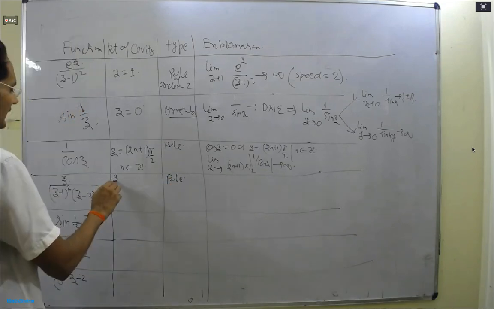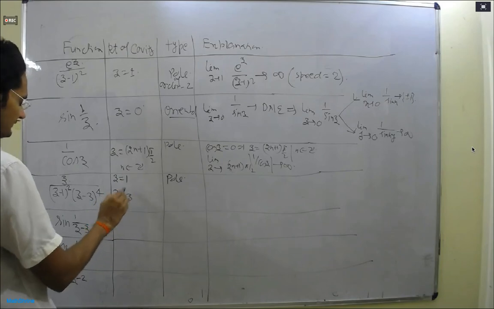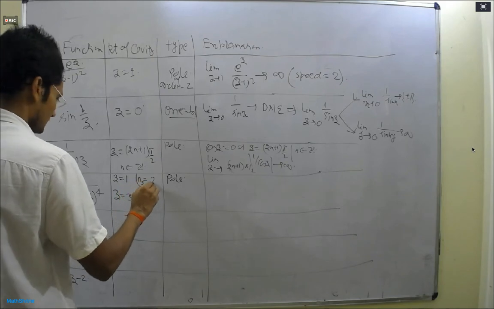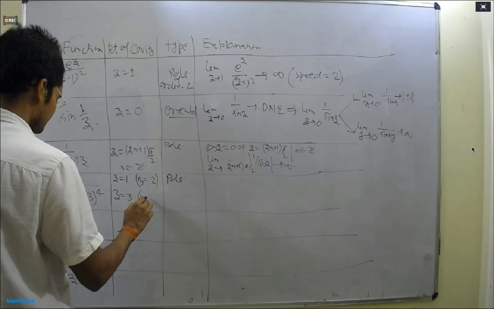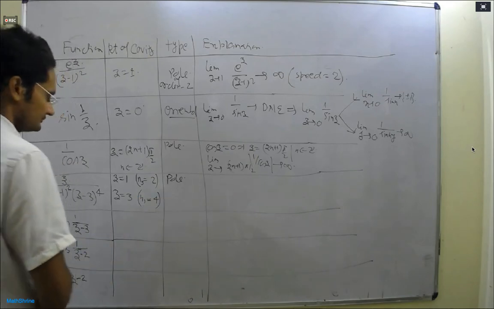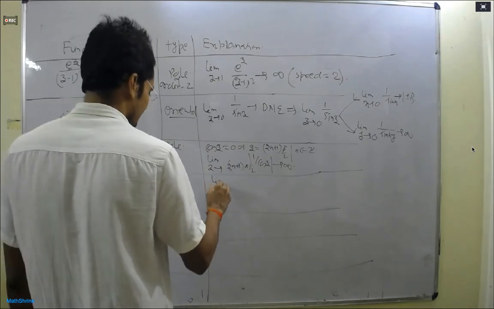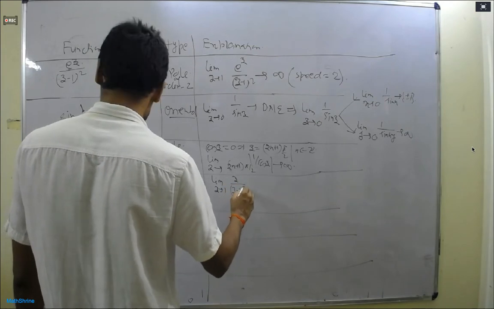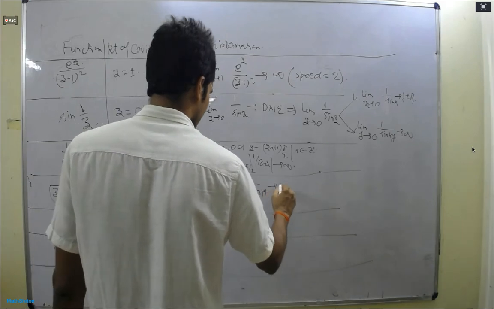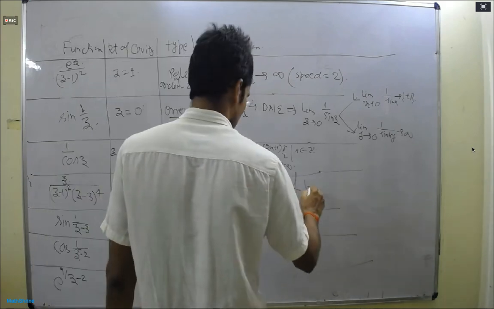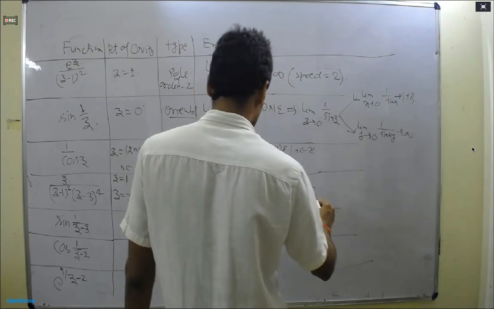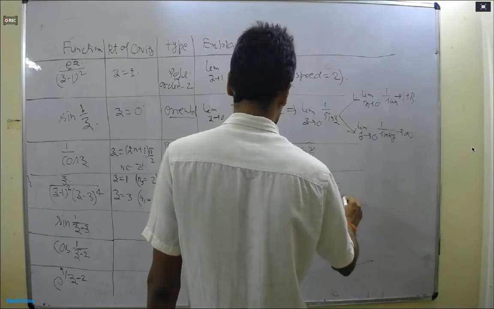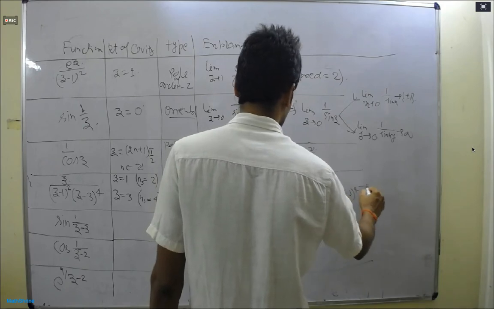The order is 2 at z equal to 1 and 4 at z equal to 3, because the limit z tending to 1 of z upon z minus 1 whole square, z minus 3 power 4 tends to the infinity, and also the limit z tending to 3. Here the speed is 2, here the speed is 4.